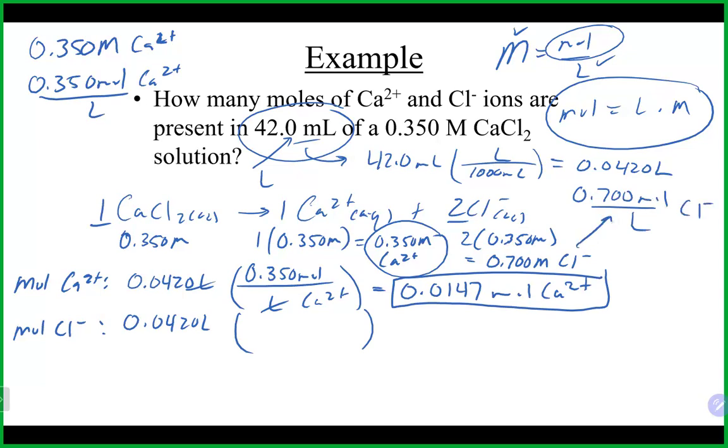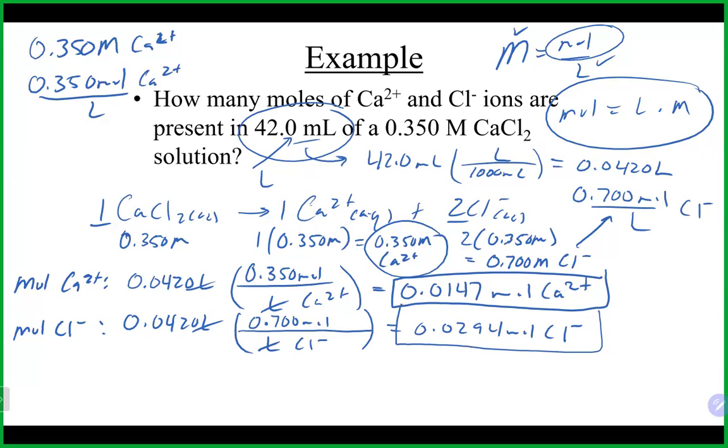That also is the way that I need it, so that is the way I will use it here. 0.7 moles per liter of chloride. Liters will cancel. 0.042 times 0.7 is 0.0294 moles of chloride in that case.